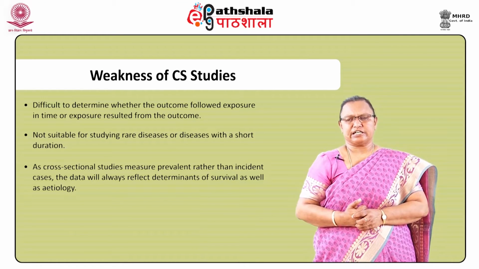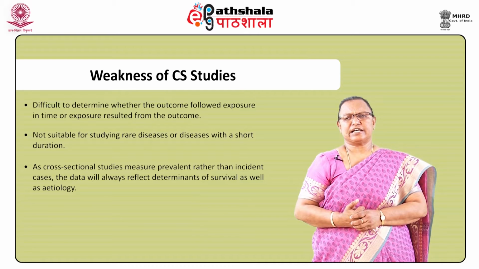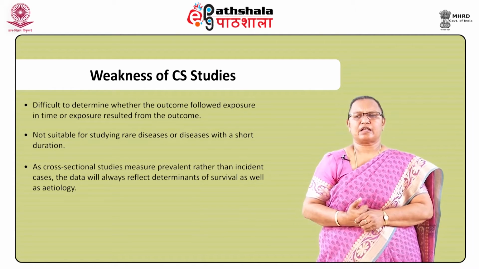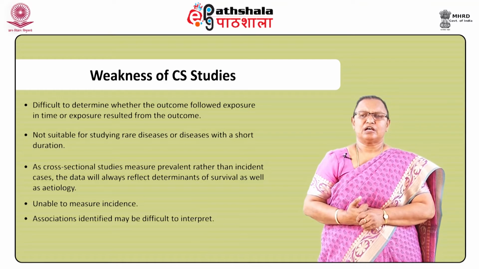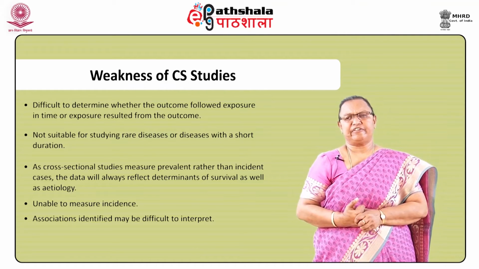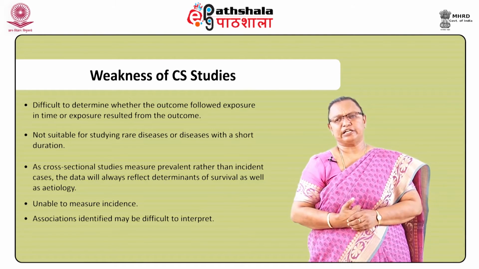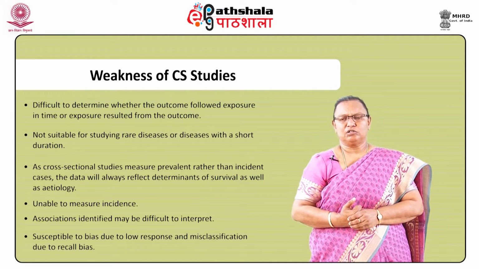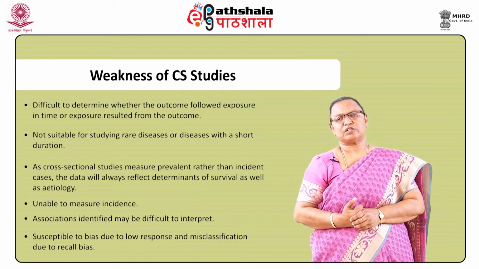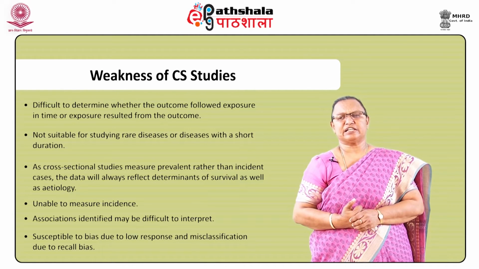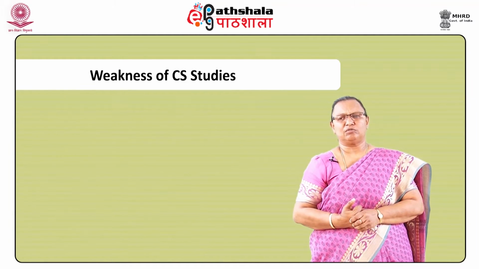As they measure prevalence rather than incident cases, the data is not etiological. They are unable to measure incidence. Association identified may be difficult to interpret. Also, they are susceptible to bias due to low response and misclassification due to recall bias.